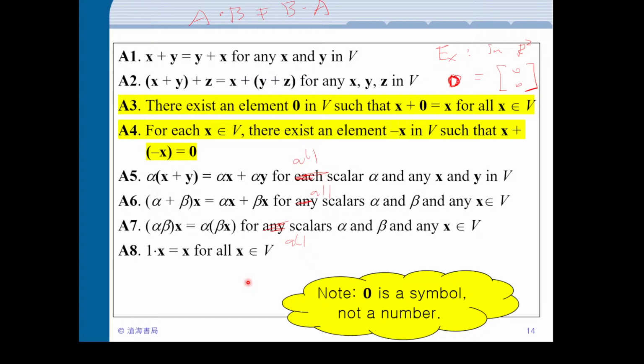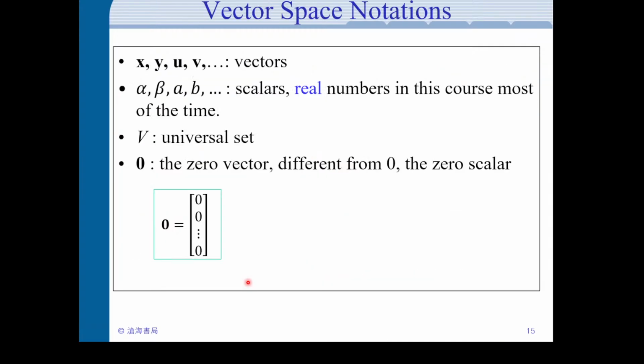Okay, any questions? And yeah, so let's have more notation. x, y, u, v are vectors. So just like before, we have those bold-face letters as vectors, and I guess this is a bit of an overuse of notation, but it's okay.